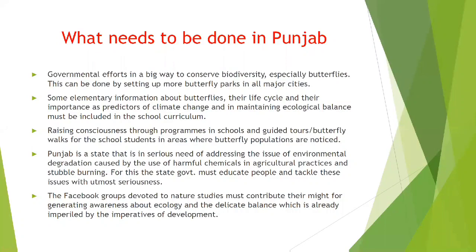Let me add here that the ignorance about butterflies is to such an extent that before I started my lecture at Samana College on butterflies of Punjab, I asked the students there to tell me even one name of a single butterfly in Punjab. I failed to get any response from anyone.